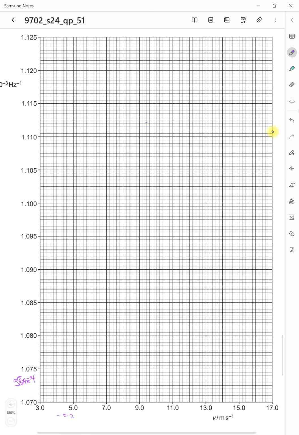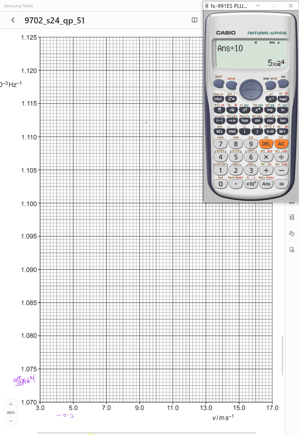So I'm trying to plot 1.118 minus the nearest point below it, which is 1.115, divided by the scale, which is 5 exponent minus 4. So I'm going to add 6 squares on 1.115.